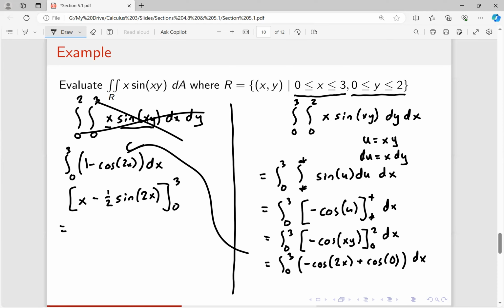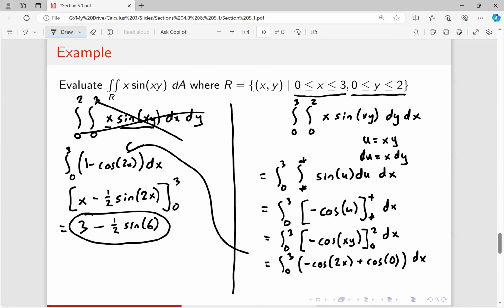So that's equal to 3 minus 1/2 times the sine of 6. Putting in 0 for x gives 0, and putting in 0 for sine gives 0, so those are just 0. My answer is then 3 minus 1/2 sine of 6.